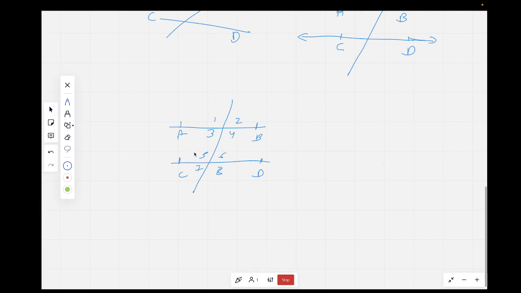So here, 3, 4, 5, 6 are called interior angles because they are lying inside these two parallel lines. And 1, 2 and 7, 8 are exterior angles.